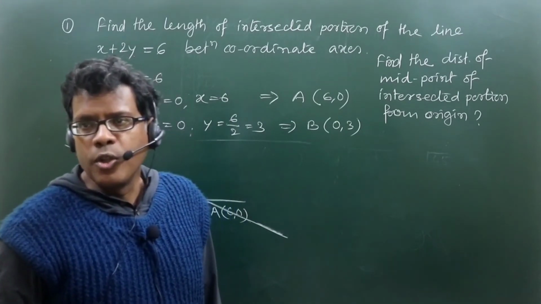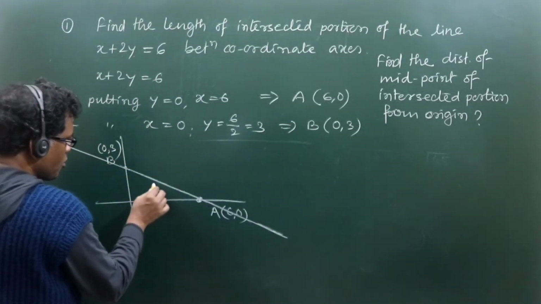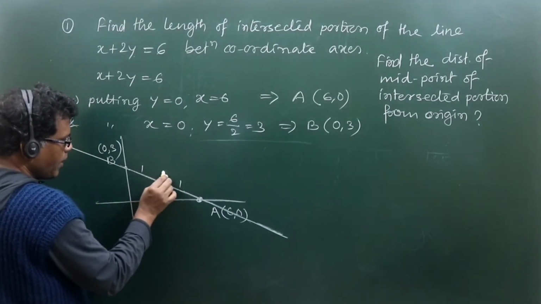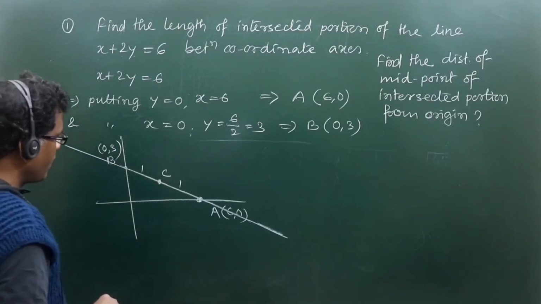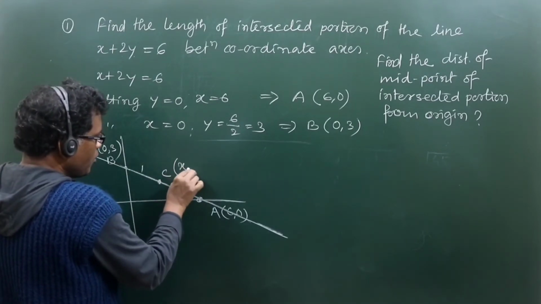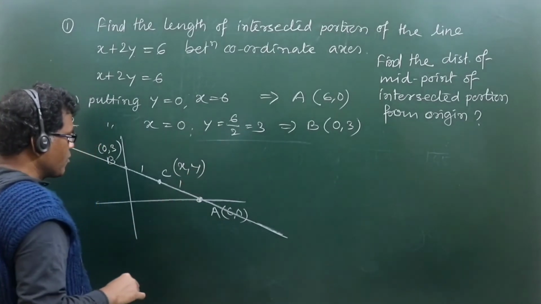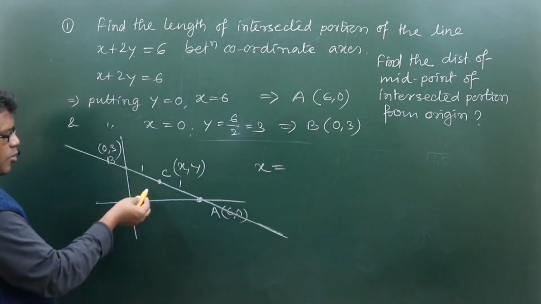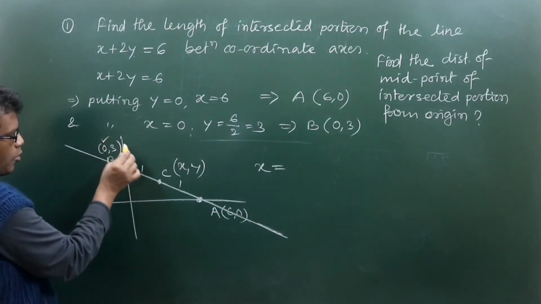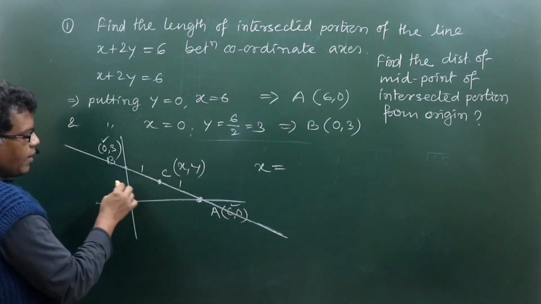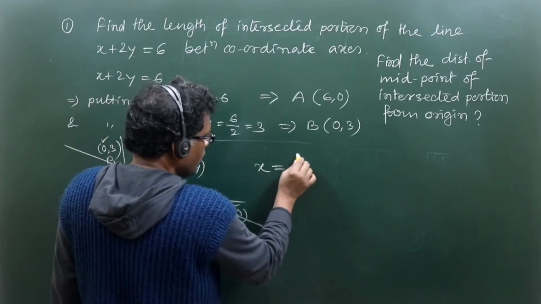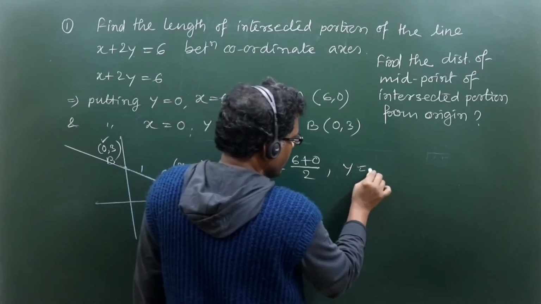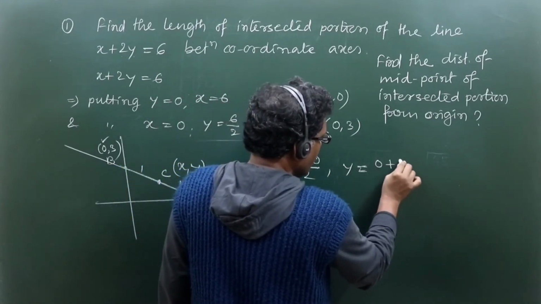Being midpoint, it is 1:1. So assuming the midpoint coordinates as x, y, we should find the x coordinate using the x coordinates of these 2 points added and divided by 2. So 6 plus 0 by 2, and y will be similarly 0 plus 3 by 2.